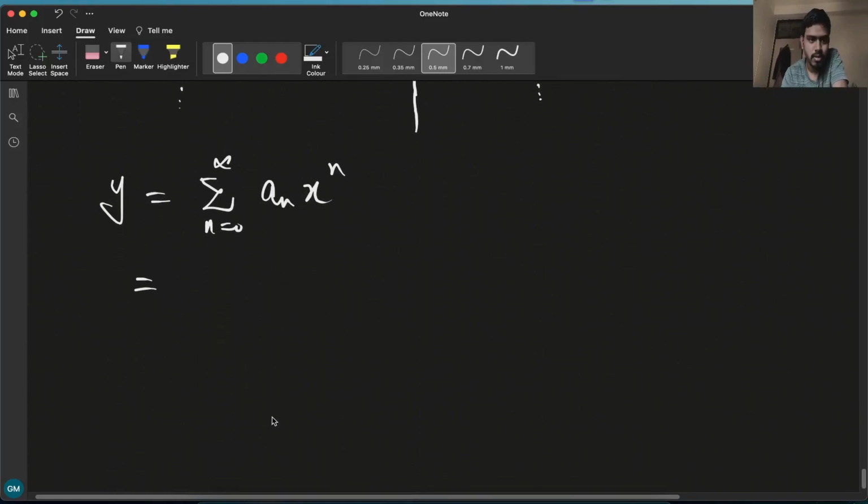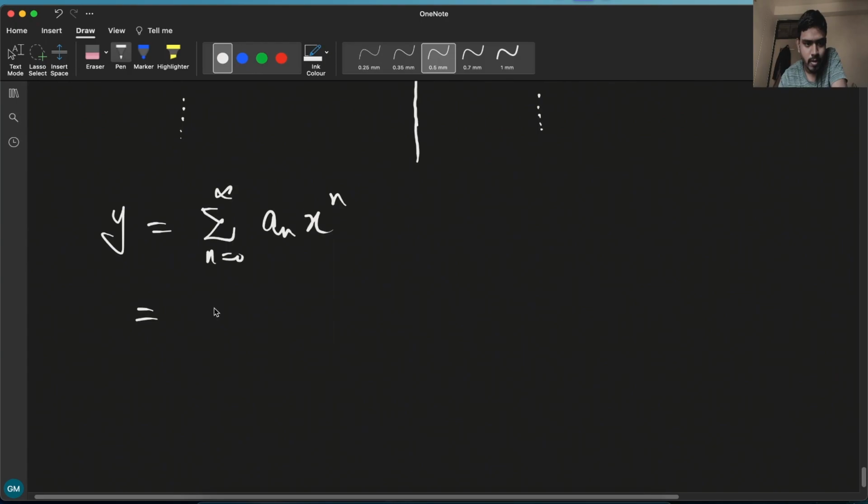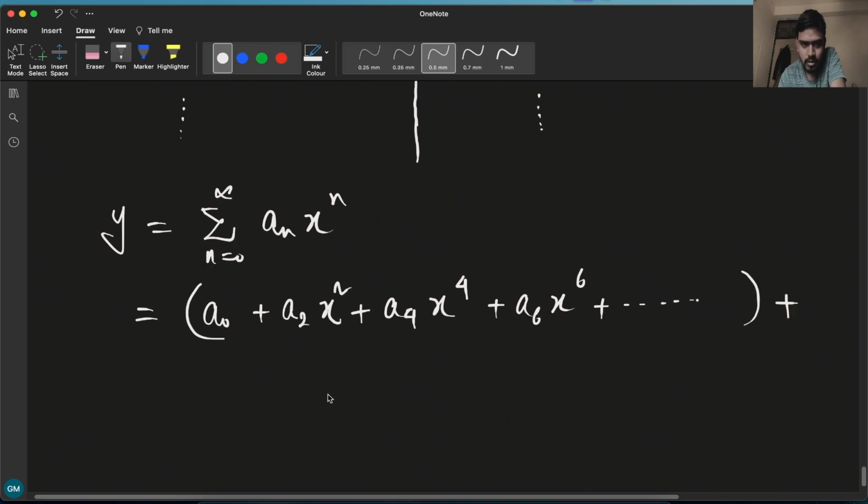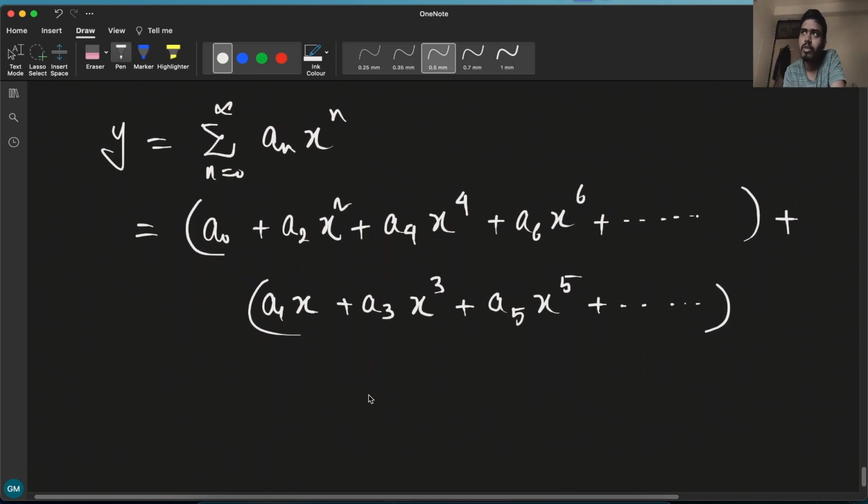Let me write it in this way: a0 plus a2 x square plus a4 x to the power 4 plus a6 x to the power 6 plus dot dot dot, plus the odd terms a1 x plus a3 x cube plus a5 x to the power 5 plus dot dot dot. I can just separate out the even and odd terms.